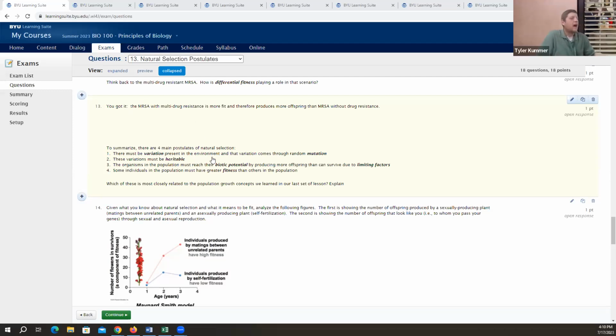Okay. As far as humans, a lot of the things that prevent us from evolving due to natural selection would be the limiting factors component, right? What our carrying capacity is, is something that we don't really know, and we're able to help people survive that have conditions that wouldn't have been able to survive in the past.